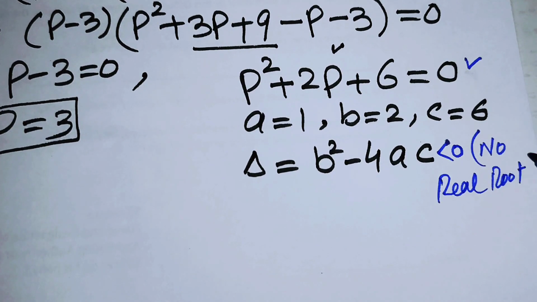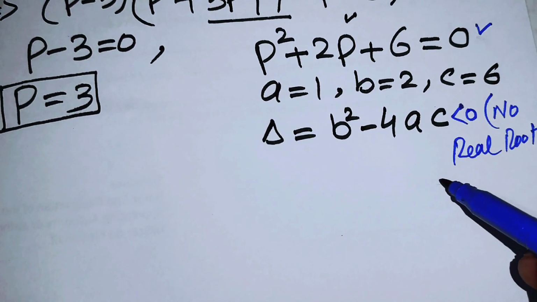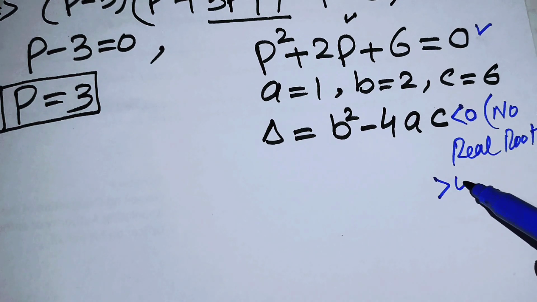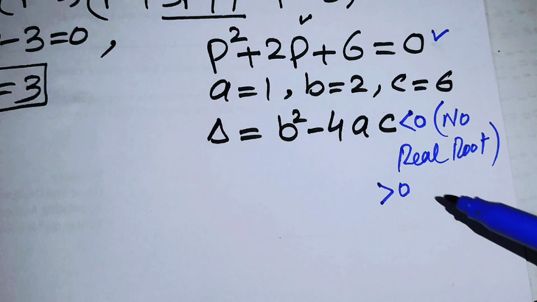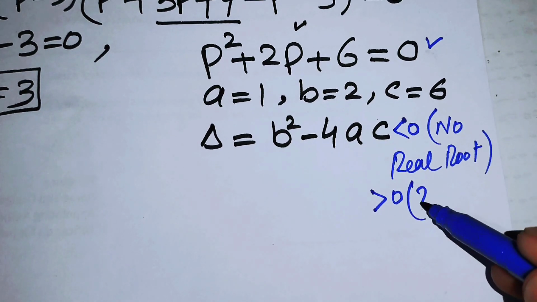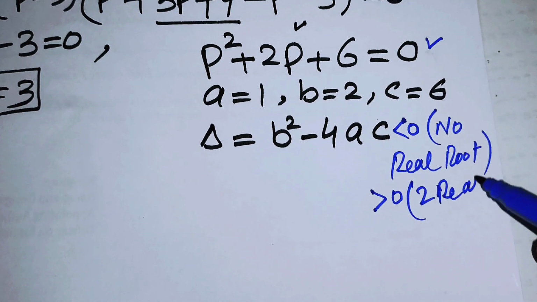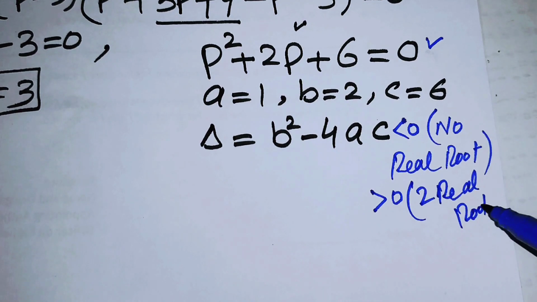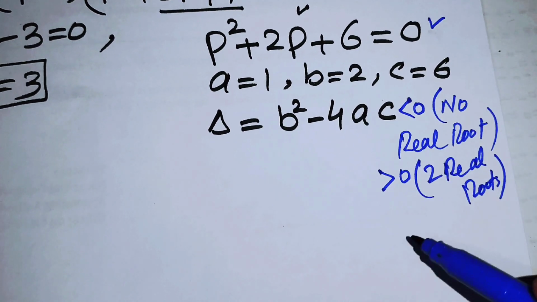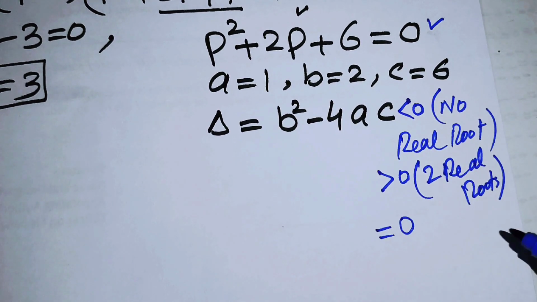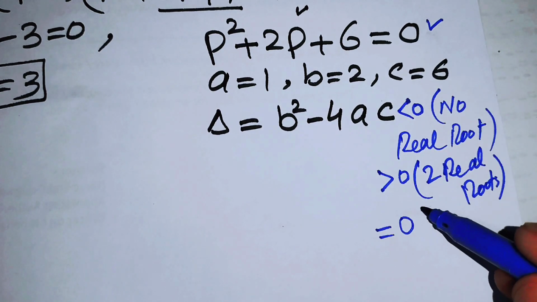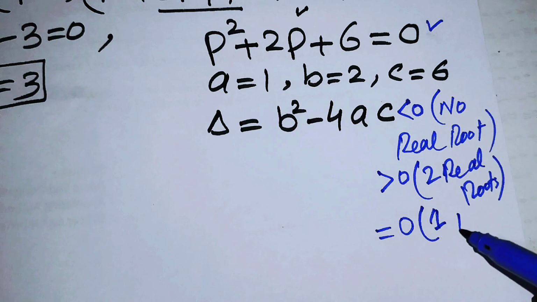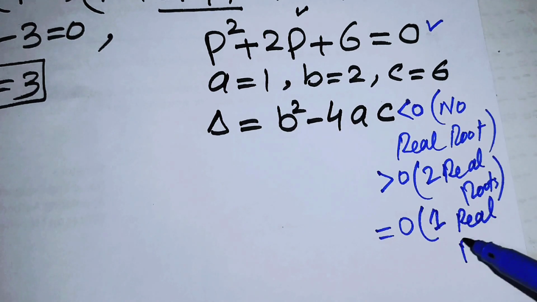And if this delta is greater than 0, then we say that this quadratic equation has two real roots. Or if this delta is equal to 0, then we will say that this quadratic equation has one real root.